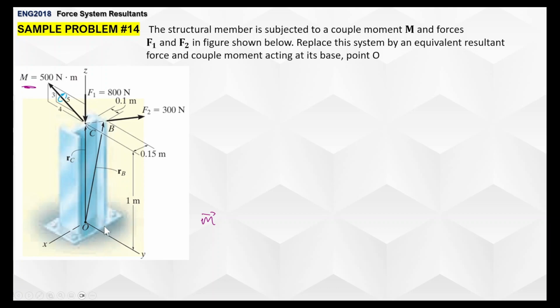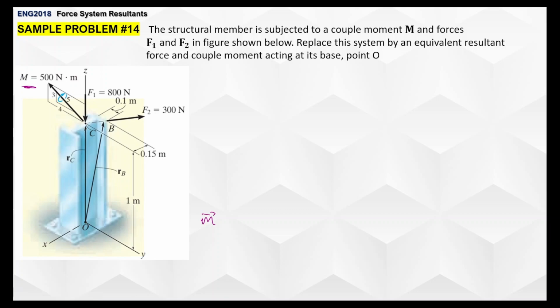We have, well, what do we have? We have two position vectors automatically. We have forces acting on the top of the beam here, at least on its cross section. So we have force 2 here and force 1 pointing downward, and we have a moment given already at 500 Newton meter. Okay, how do we solve this?